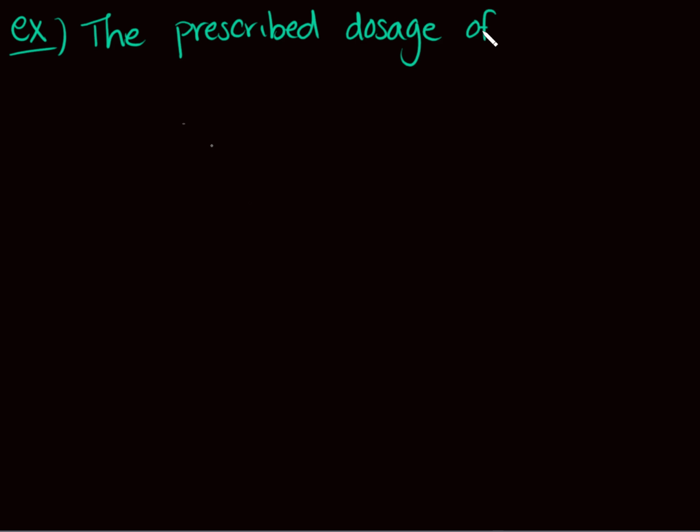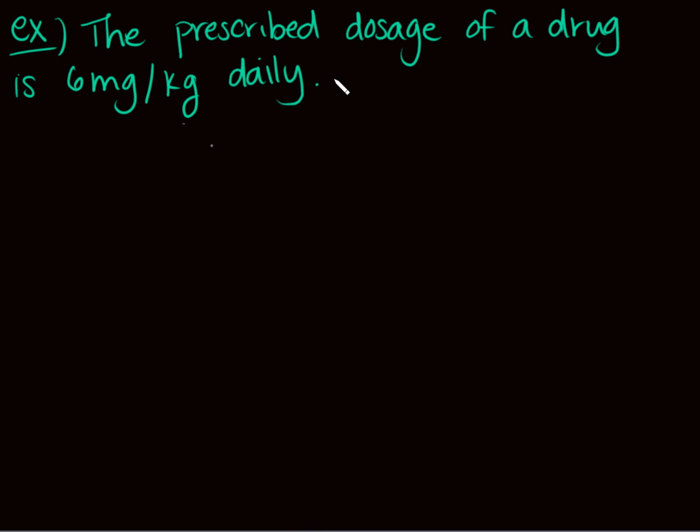All right, and so this is the example in 9.2 that I think is kind of fun. Then we'll talk about temperature and then that's it. The prescribed dosage of a drug, let's say, we don't know what the drug is, it's some drug, is 6 milligrams per kilogram, daily. So what does that mean? That's for how much you weigh, right?